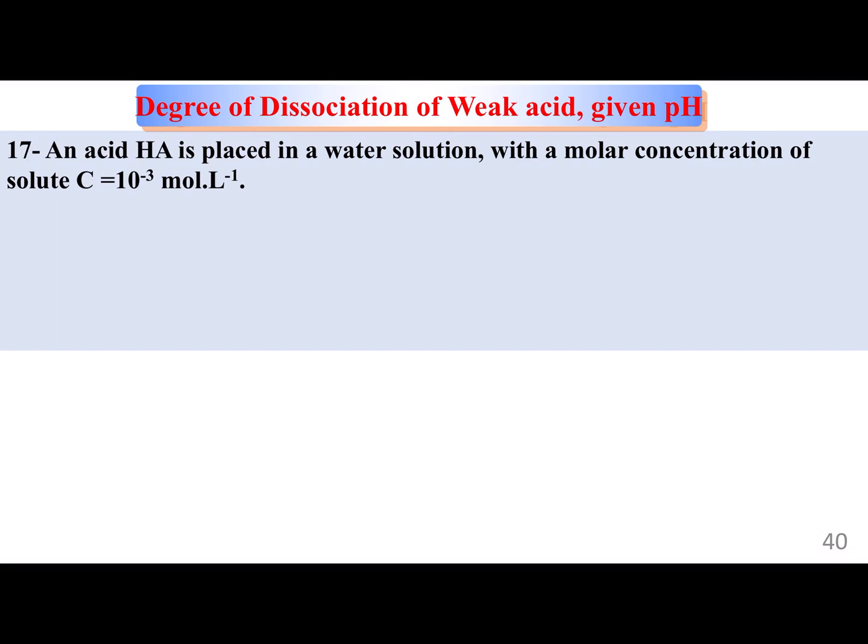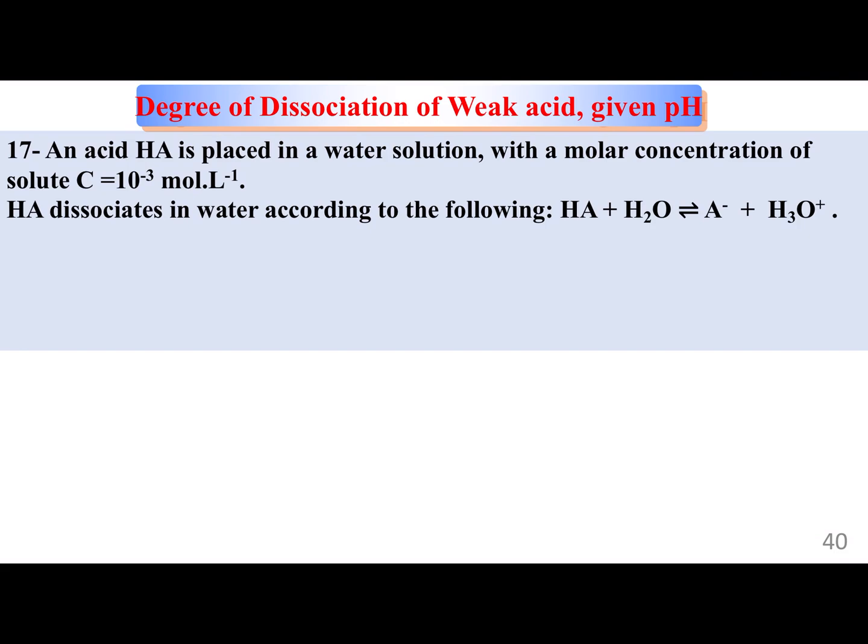Number 17. An acid HA is placed in water solution with the molar concentration of the solute being 10 to the minus 3. Now they're saying HA dissociates in water according to the following equation. I don't even know why they bothered to put that sentence. If it's a weak acid, there's no need to tell me what the equation is.